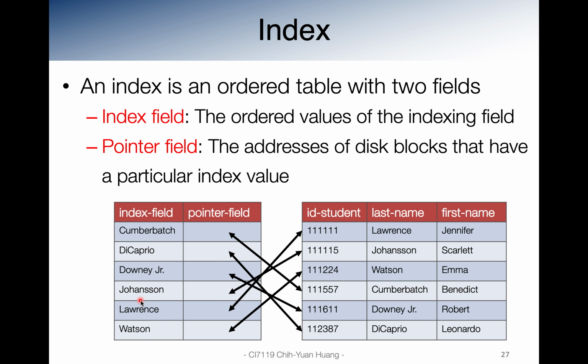However, if you have a lot of last names, then of course the index structure over here will grow and grow, and eventually this index will be larger than just one data block, or too large to put in the memory of your computer.